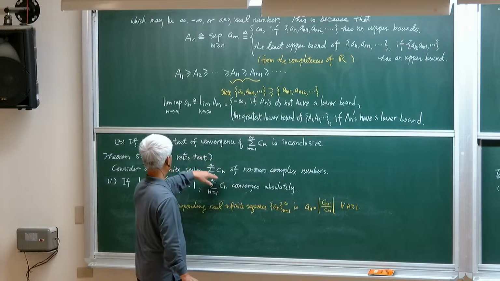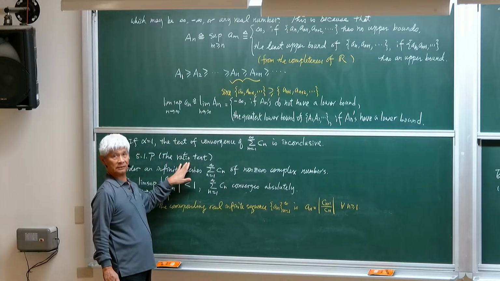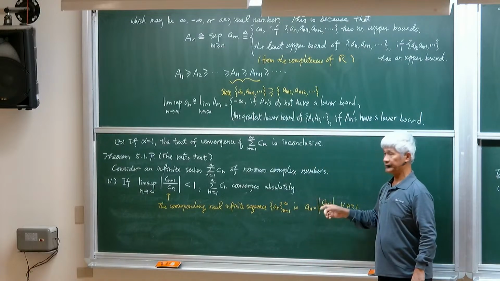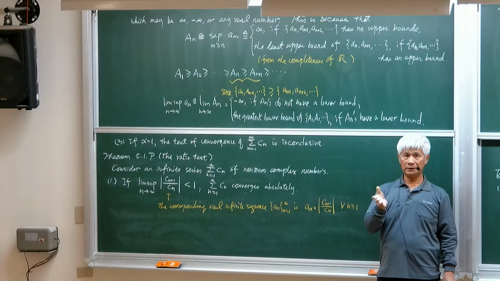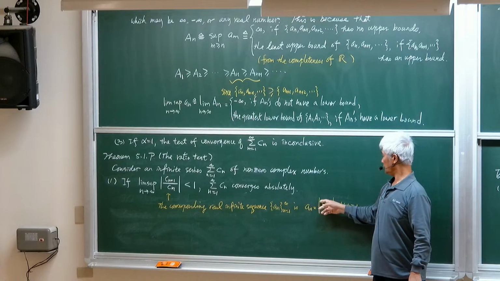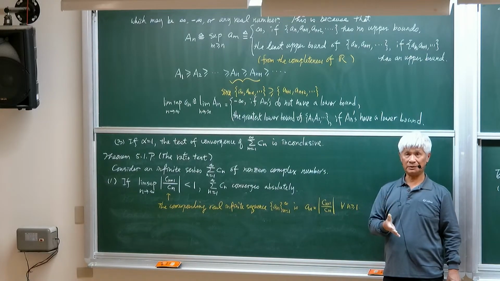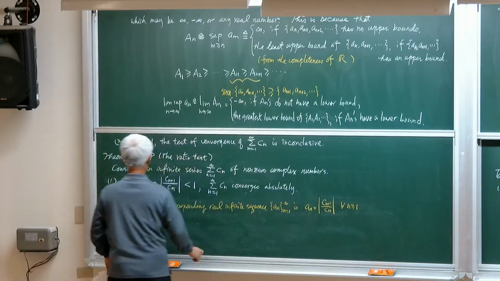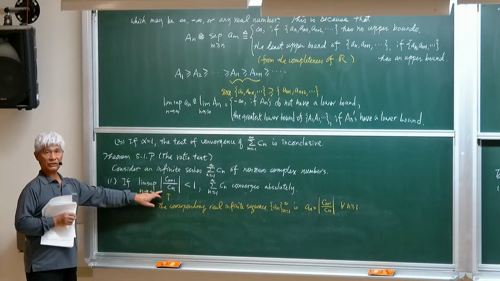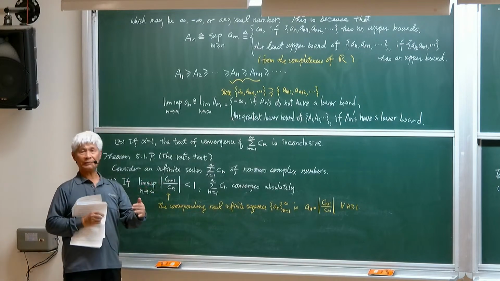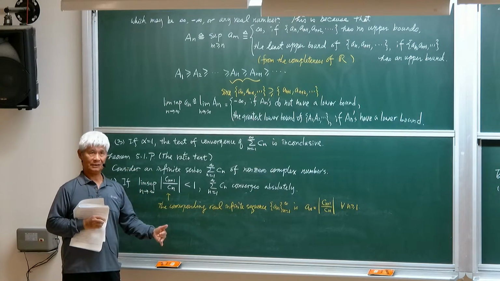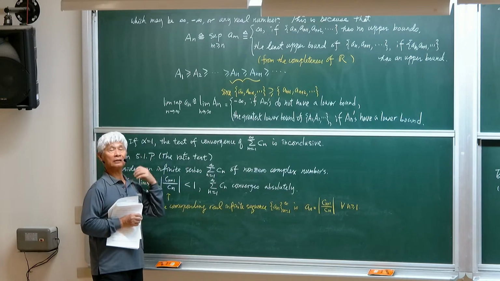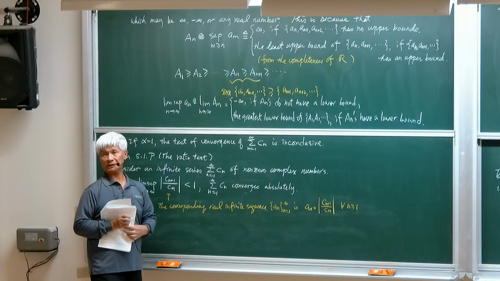That's why it's called the ratio test. It is the ratio of the absolute values of two adjacent terms. So if the ratio has upper limit less than 1, then the original infinite series will converge absolutely.